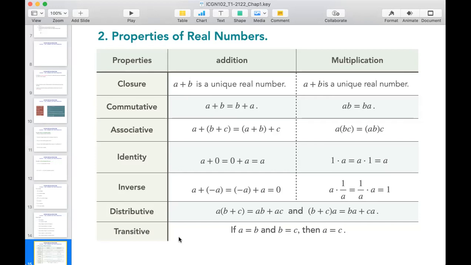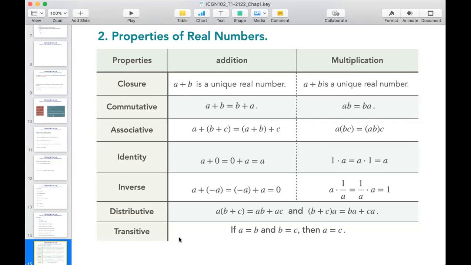Now let me show you this one first. When you use the distributive property, you distribute 3 to both of them. Then you get 3x plus 2 times 3, or you get 3x plus 6. Okay.